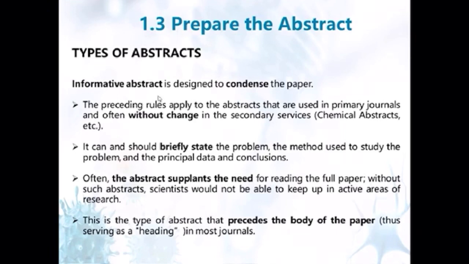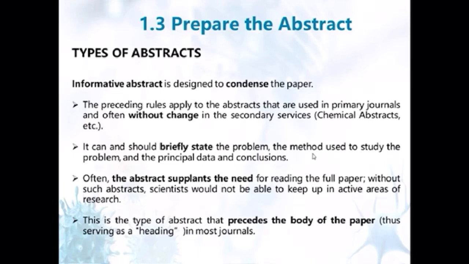This kind of abstract needs no change. It can and should briefly state the problem, the methods used to study the problem, and the principal data and the conclusions. That means it's similar to the whole paper.